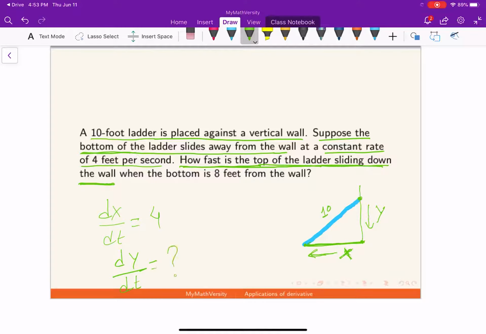This is what we need to figure out, but not always. It's when the bottom is 8 feet from the wall. The distance from the bottom of the ladder to the wall is denoted by x, so we just need to figure this out when x is equal to 8.